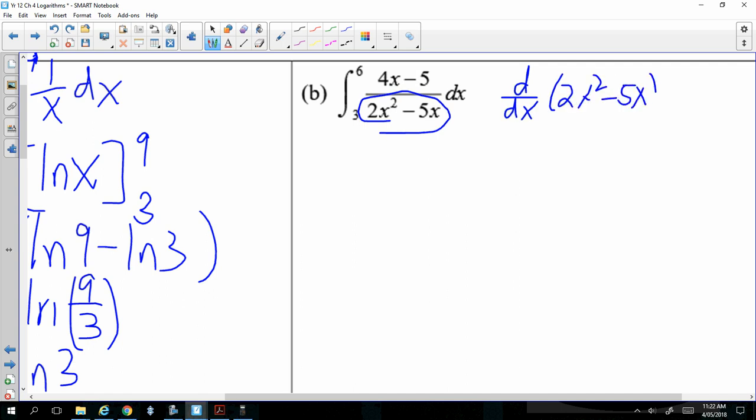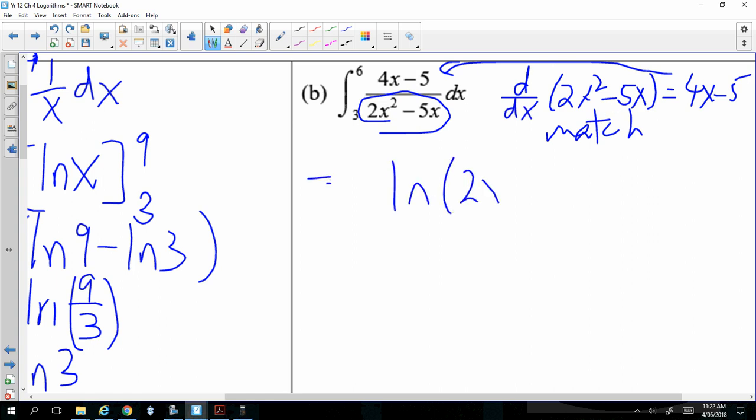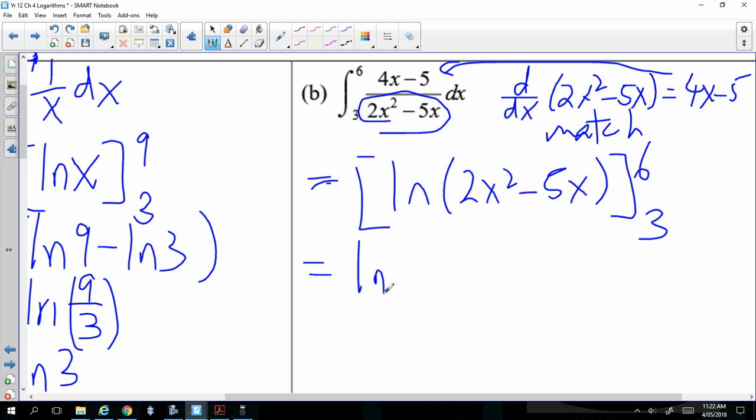That matches the numerator. If it's a match, you can write ln of the denominator, put square brackets, 6 and 3. Then you substitute 6: ln of 2 times 6 squared minus 5 times 6, minus ln of 2 times 3 squared minus 5 times 3.